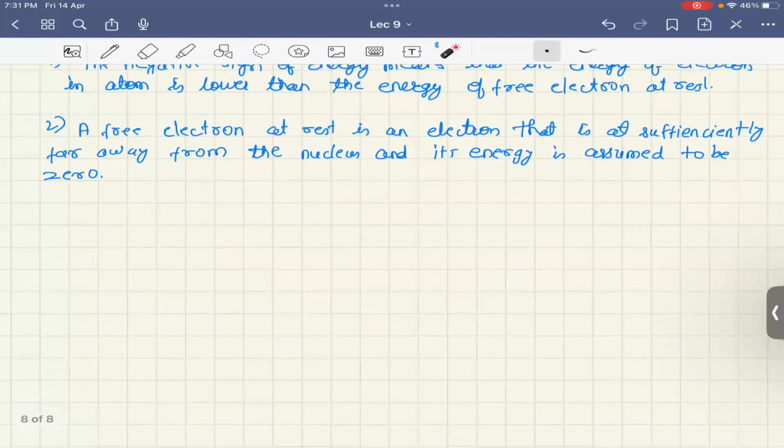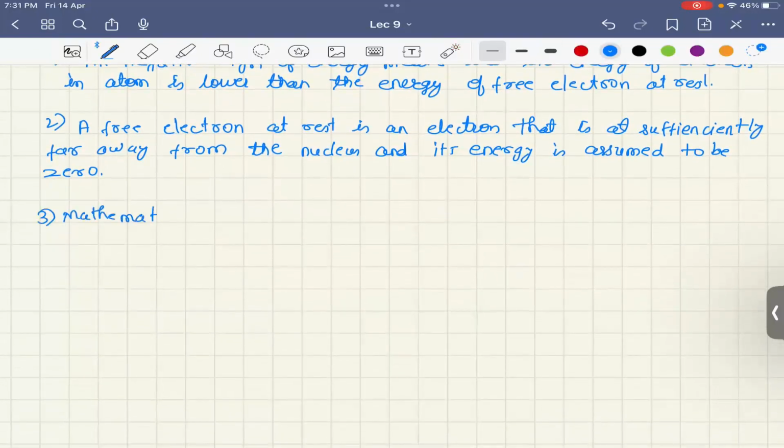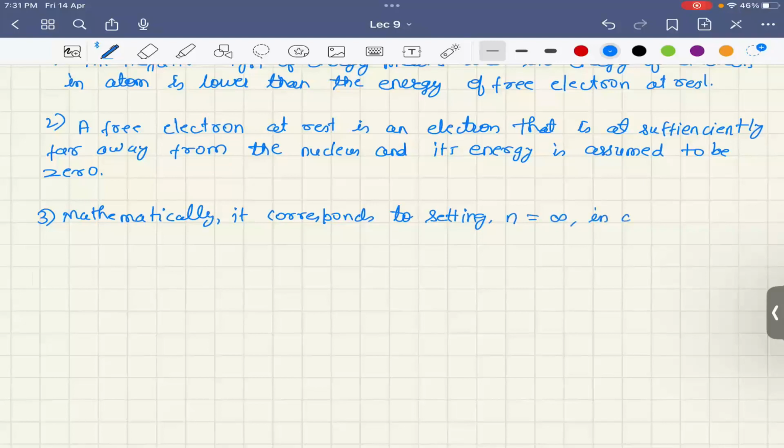Mathematically, it corresponds to setting n equal to infinity in the above equation, right?